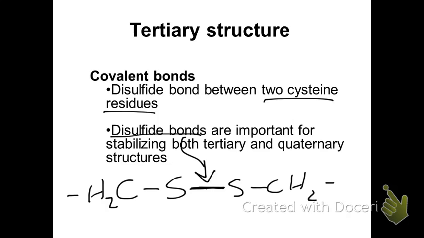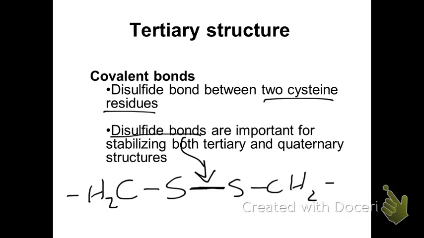So look at your data packet, look at cysteine, and you'll see that it has a CH2-SH group. We lose the H of the SH, and we form a disulfide bond between the two sulfur groups in two different cysteine amino acids.